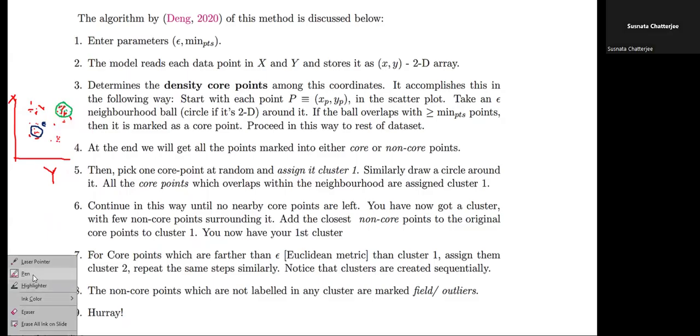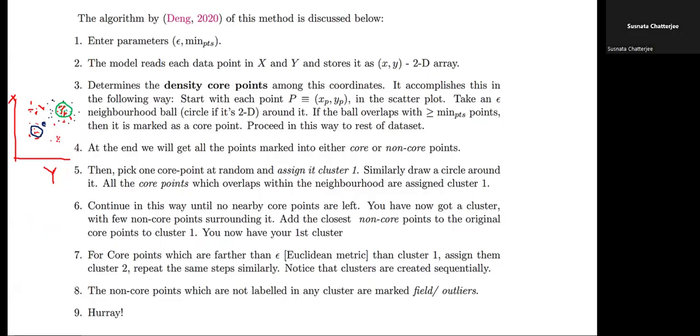Now imagine we have a preliminary cluster. There will be a few points remaining which are not core points, like this.